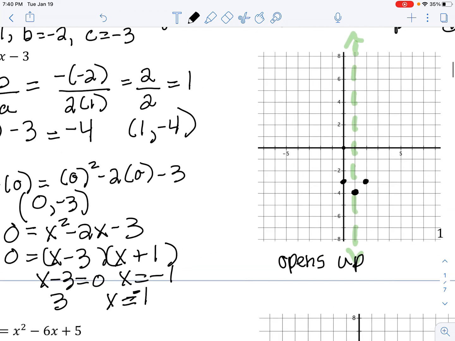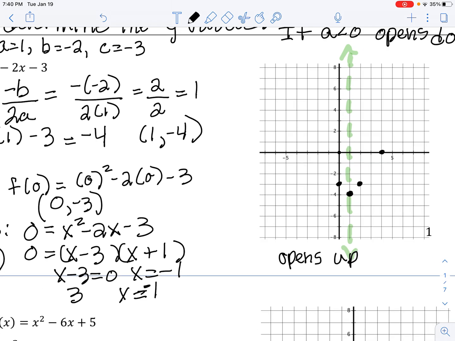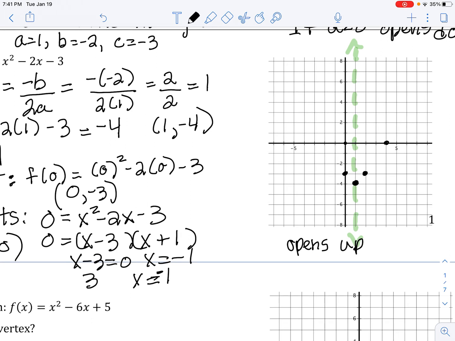So let's see if that looks right on our graph. So 1, 2, 3 and -1. Oh, wait, I went way too far over. Hold on. 3, 1, 2, 3 and -1. All right, does that work? Are those 2 points symmetrical over the axis of symmetry?